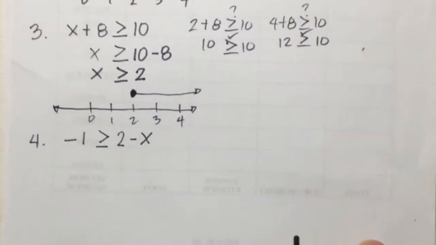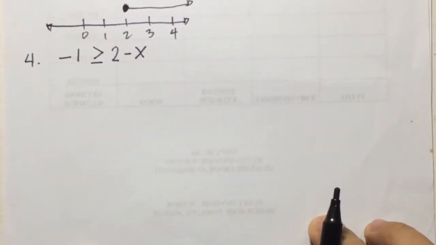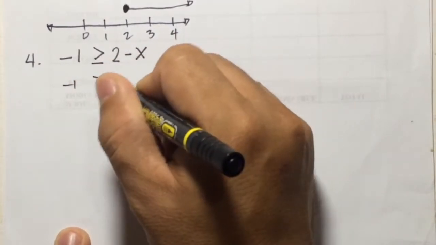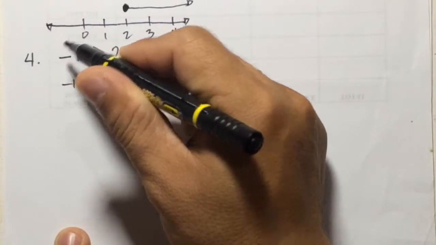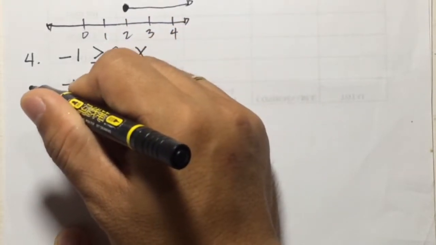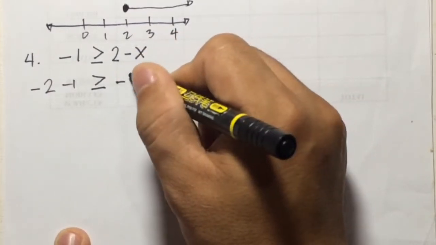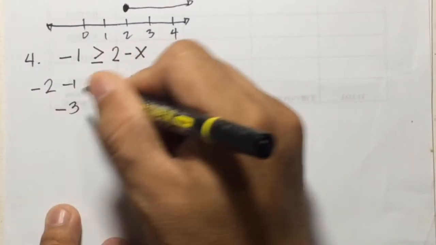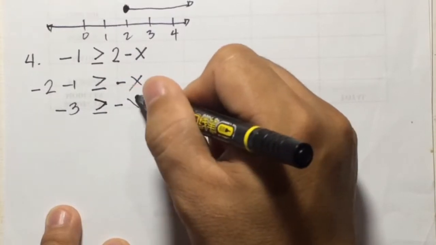Then for number 4, let's have negative 1 greater than or equal to 2 minus x. So we're going to have here negative 1 greater than or equal to 2 minus x, where 2 will be transposed to the left side, so this will become negative 2. So negative 2 minus 1 is negative 3, greater than or equal to negative x.